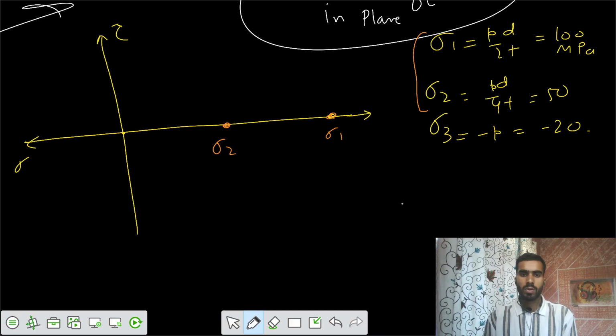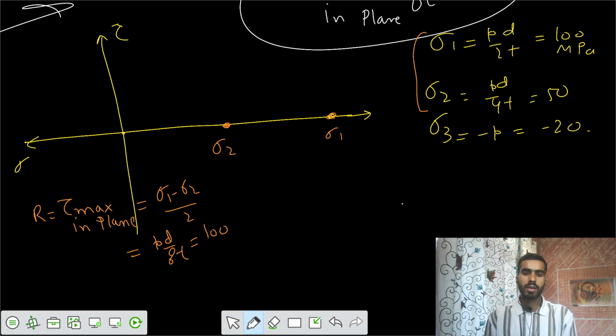So sigma 2. Now the radius equals tau max, that's also tau max in plane. Can I get that value? Sigma 1 minus sigma 2 divided by 2. That's also PD by 8T. So with those values, I can write 100 minus 50 by 2, that is 25. So a radius of 25. And if I calculate the center, center is at sigma 1 plus sigma 2 by 2.